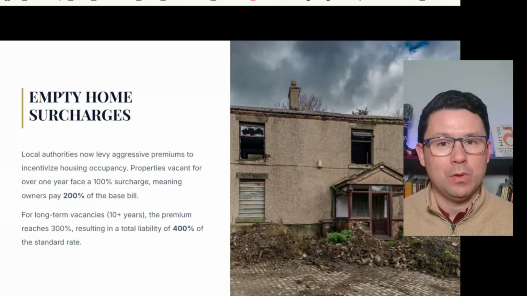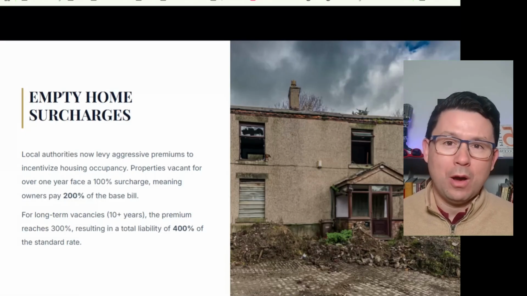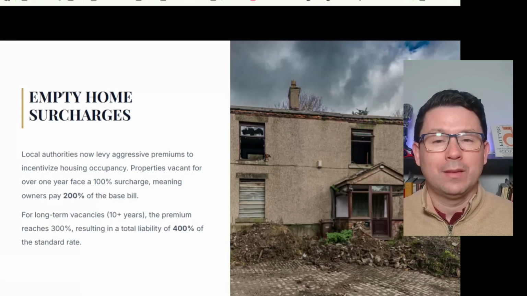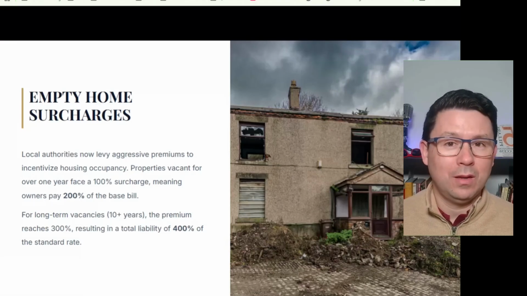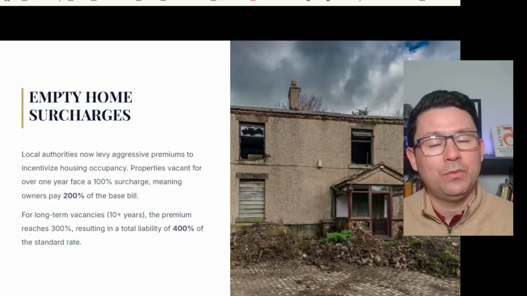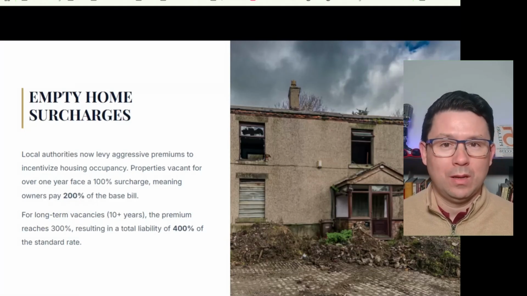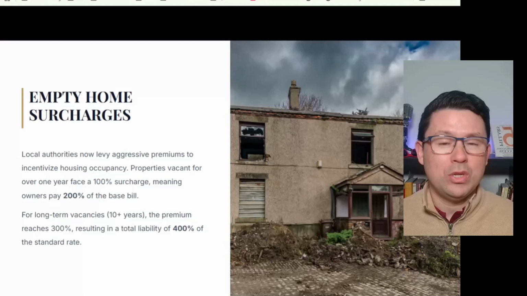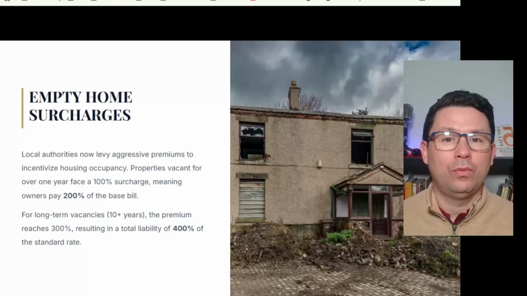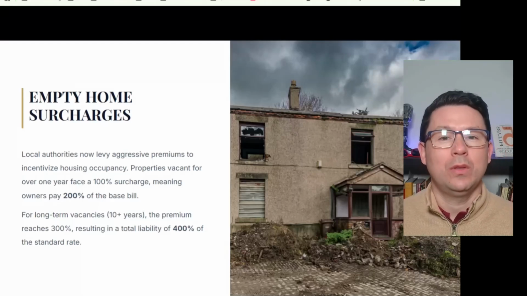They will charge you a premium. So if you have your home empty for at least a year, you won't pay 100%, you'll pay 200%, and then from then on, up to a maximum of 400%. So that's what they could charge you.